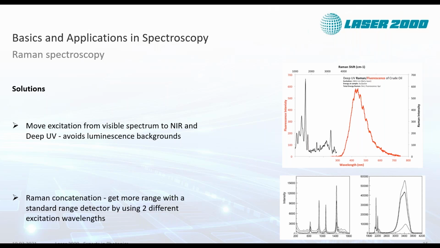This has a great plus because your Raman spectrum, starting from, let's say, 200 wave numbers and going up to over 3000 wave numbers, stands totally alone, free from background fluorescence.